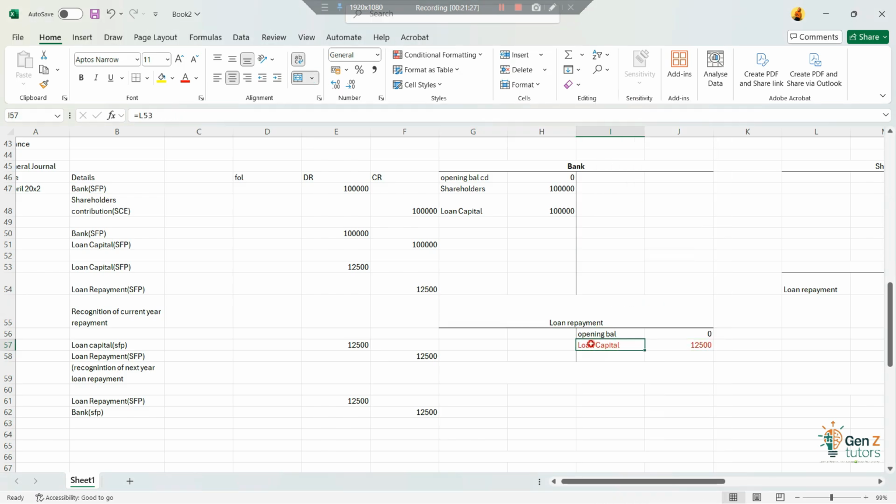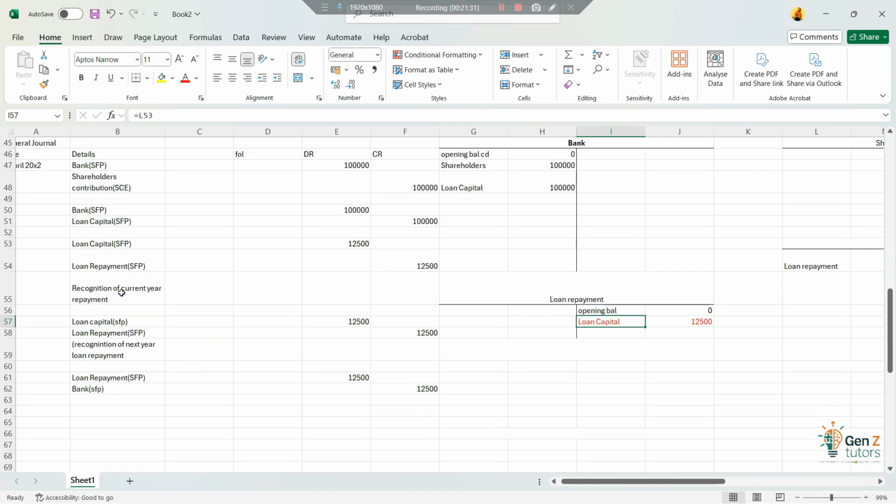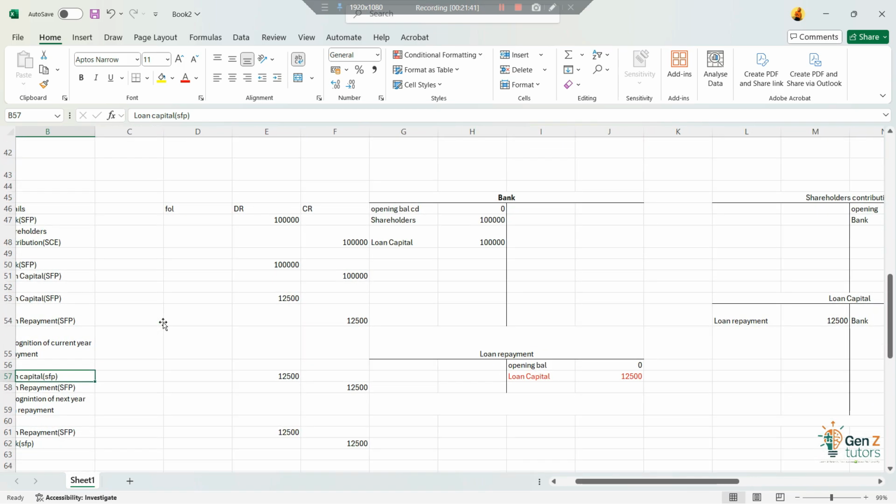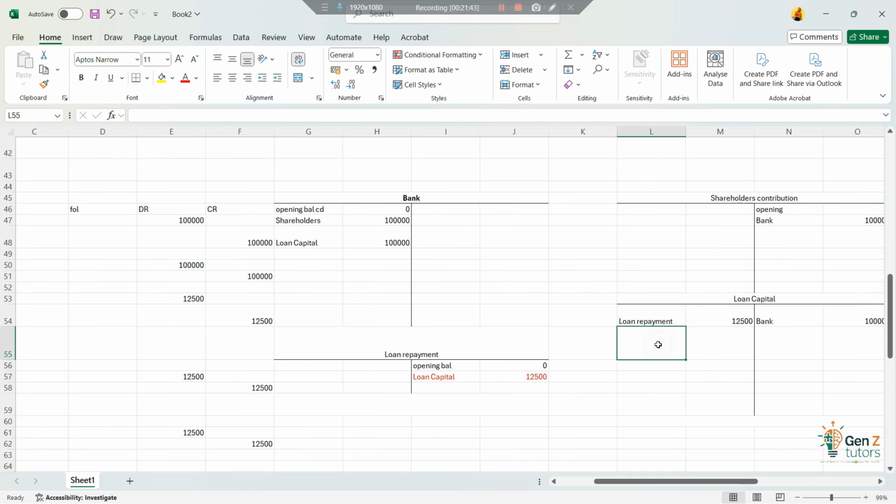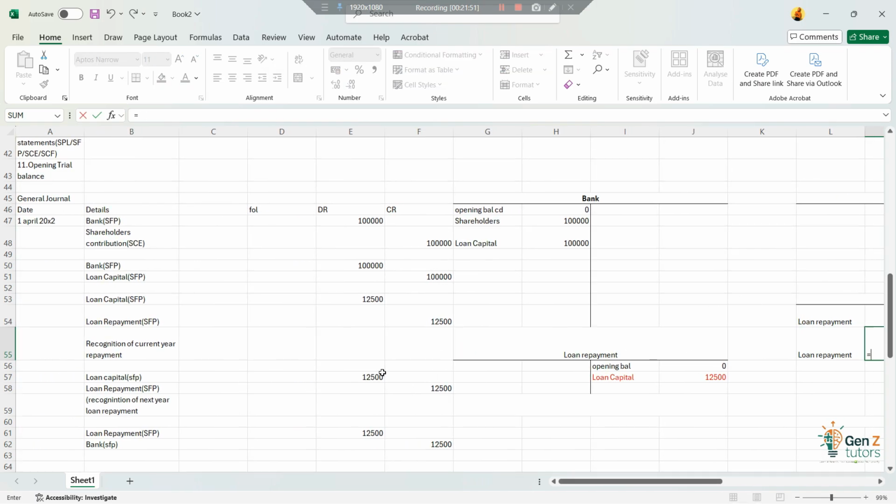And then after this loan capital, what are we going to do? Again, even before the payment or after the payment, that's fine, whichever. It's just that we didn't enter the date. Then again, we're going to recognize the loan capital portion that we are removing again for the next year, which is going to be similarly the same transaction. Going to have loan repayment over here, and it's going to be due to how much? 12,500.